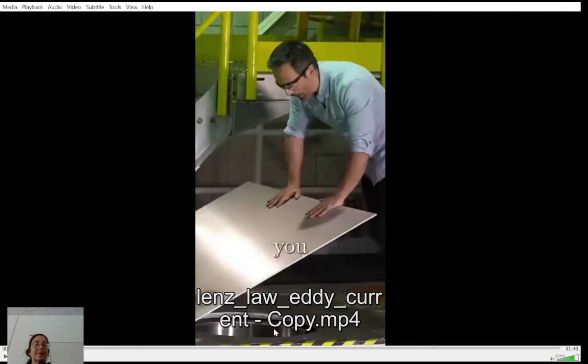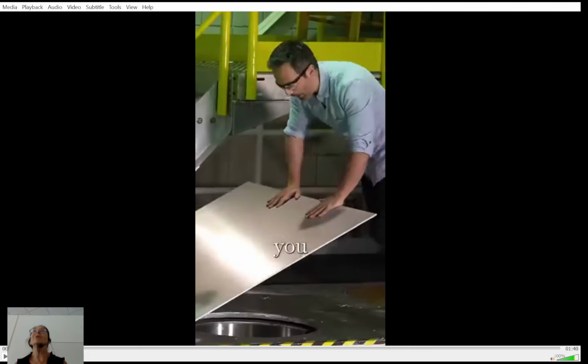So you see here inside, you have a very strong electromagnet that you connect to an AC power supply. So this electromagnet is going to produce a magnetic field that will change with time. The magnetic field is going to expand, collapse, expand, collapse.